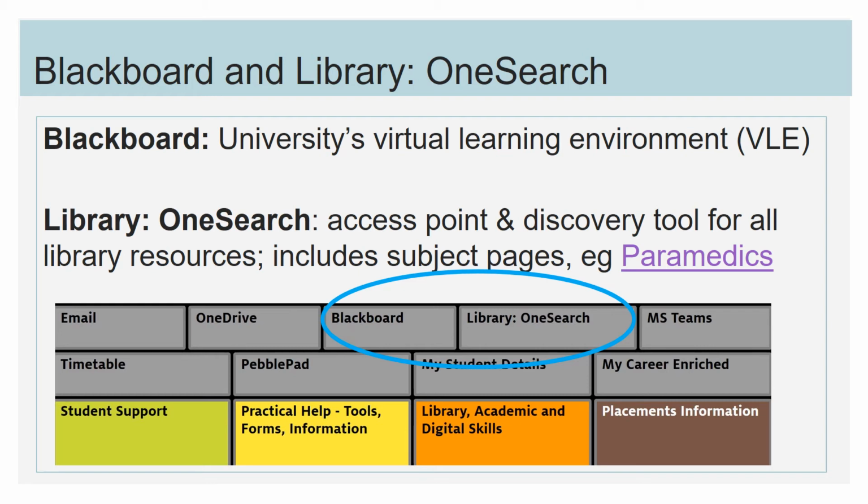OneSearch is basically like the library version of Google. It's the way you get into all the different resources, journals, databases, ebooks. It also includes subject pages. For example, there is a specific page set up just for paramedics, and that gives you a very focused view on some key resources that you will find useful.